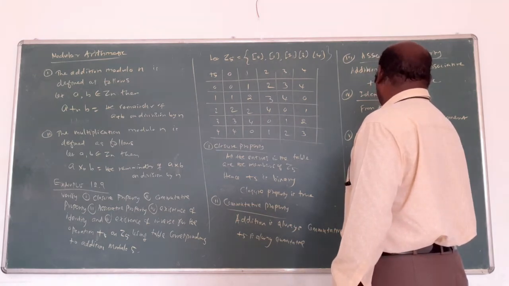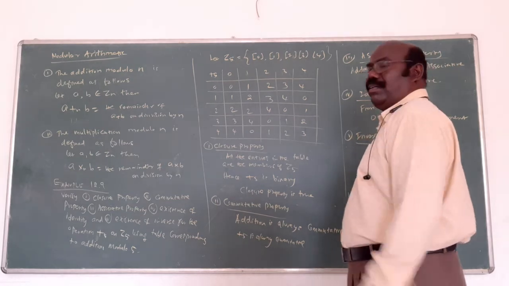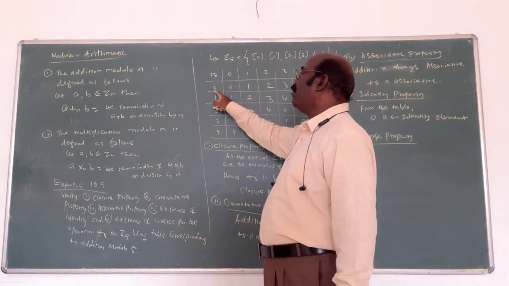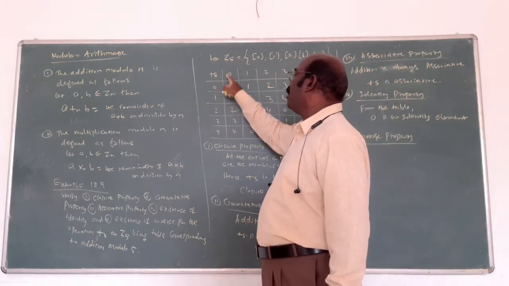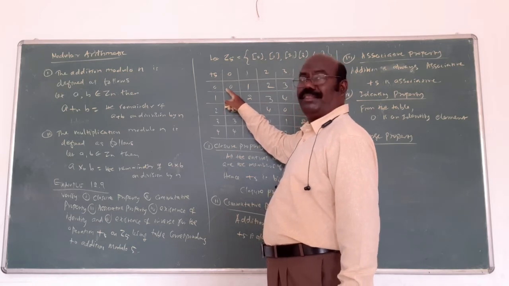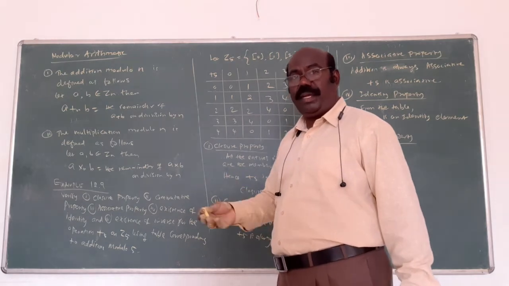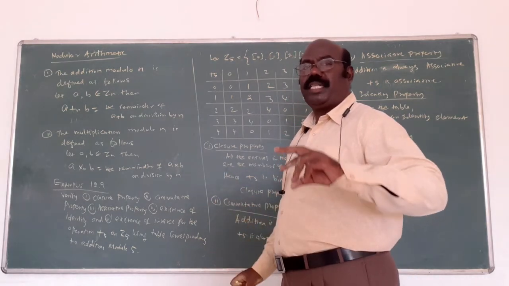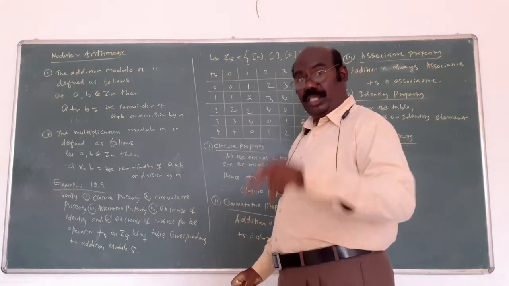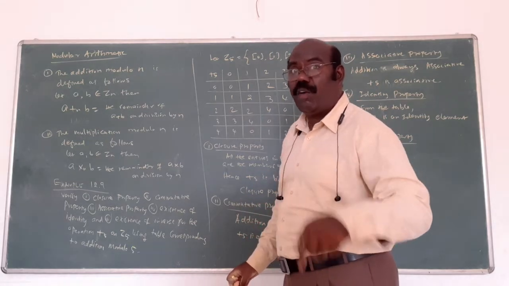Fifth one, inverse property. Now, what is the inverse of 0? 0 is the inverse of 0. What is the reason? You add both and get 0, the identity element. When both elements are added together, we get remainder 0 by using addition modulo 5.